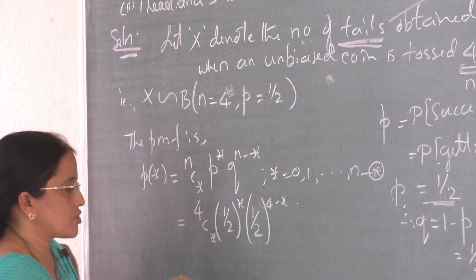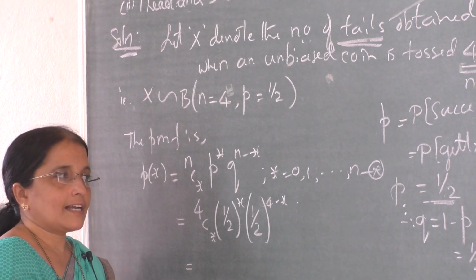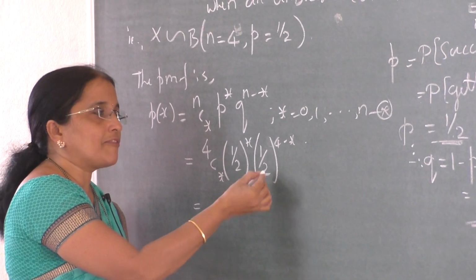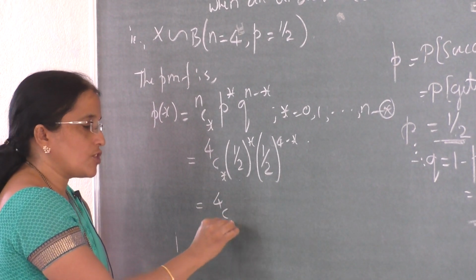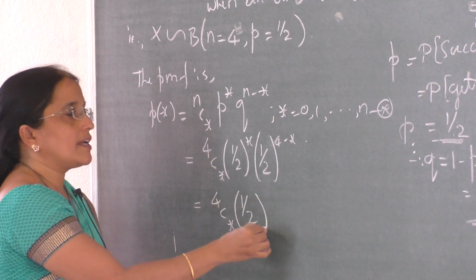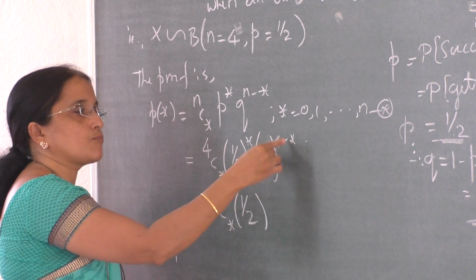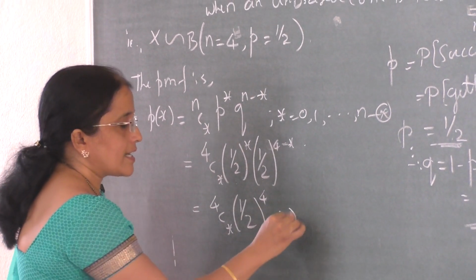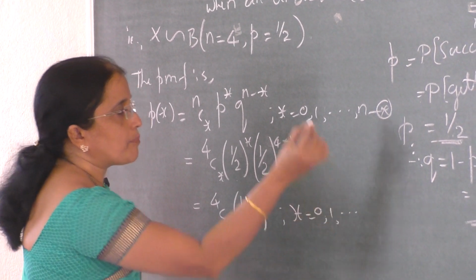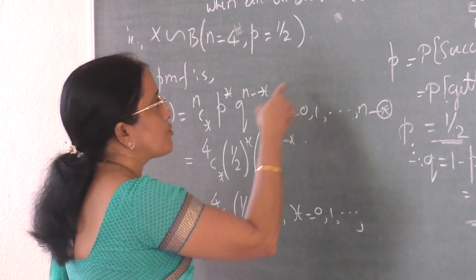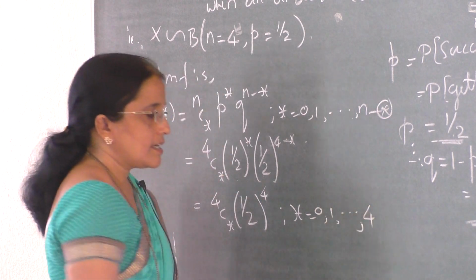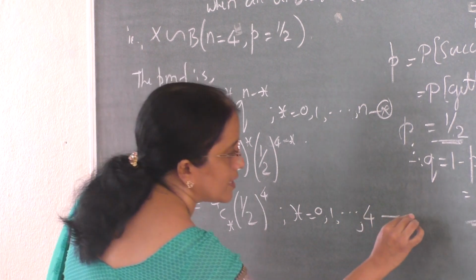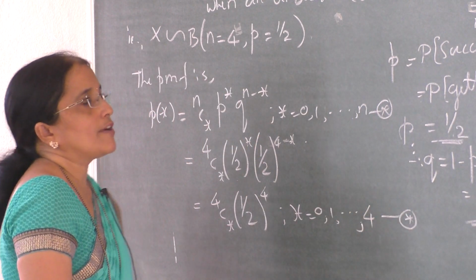Next, once again, if the base is common, when p is equal to q is equal to half, we can simplify this. That is 4Cx into half power, x plus 4 minus x, the x gets cancelled. Only 4 is remaining. Then x is equal to 0, 1, 2 up to n. What is n? n is 4 in our problem. So stop at n. The range is 0, 1, 2, 3, 4. So this is how to write the probability mass function.